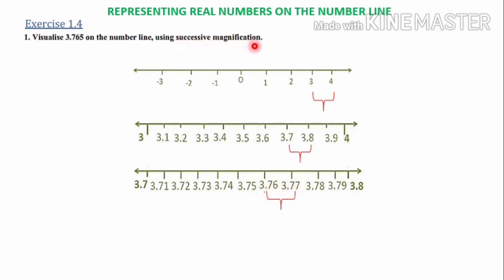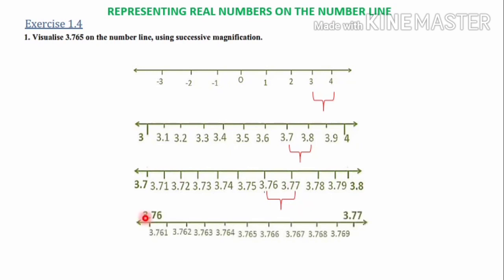So in successive magnification, in the next step we have to represent 3.76 and 3.77 on the number line, and we have to divide the portion in between 3.76 and 3.77 into 10 equal portions. So we have marked 3.76 and 3.77 and we have divided 10 equal portions in between these two numbers: 1, 2, 3, 4, 5, 6, 7, 8, 9 and 10.